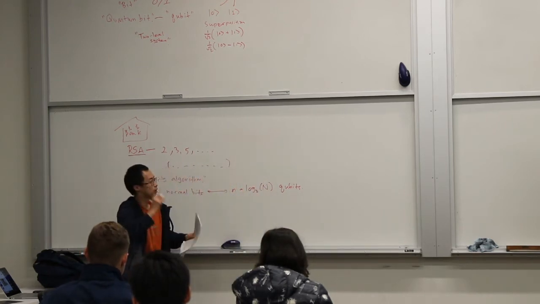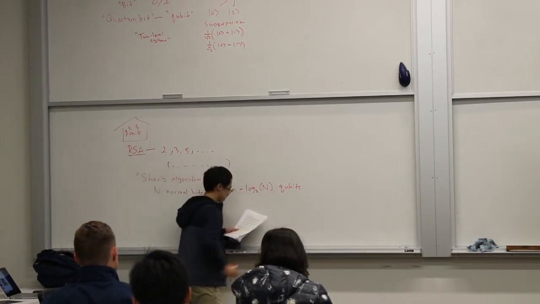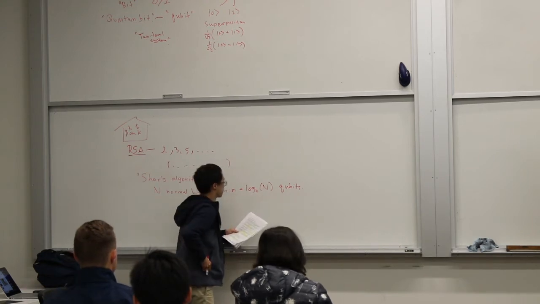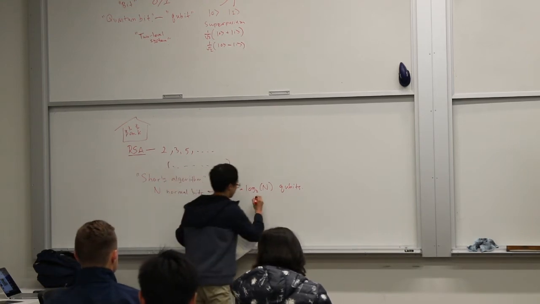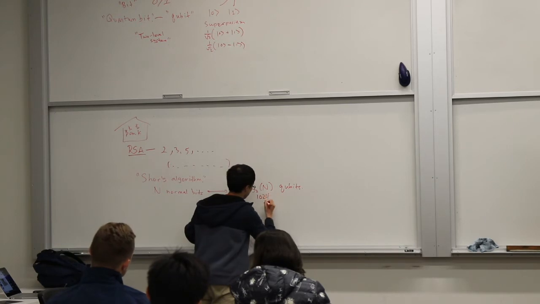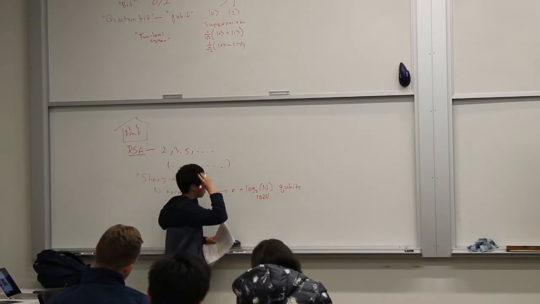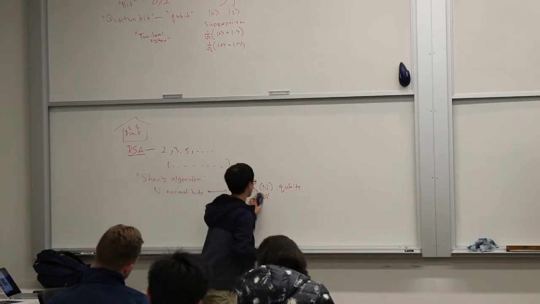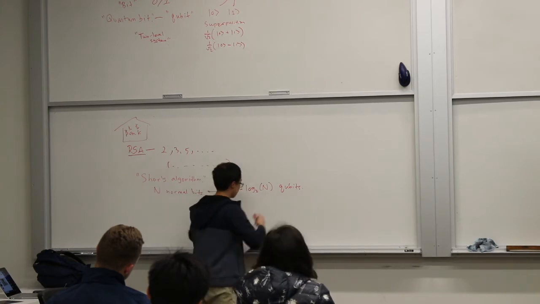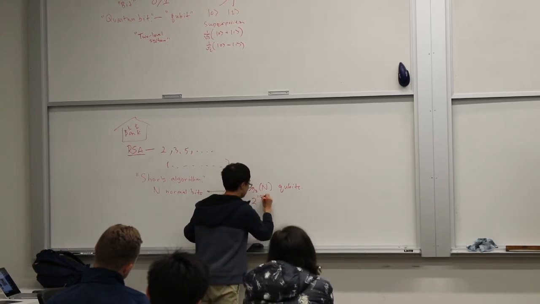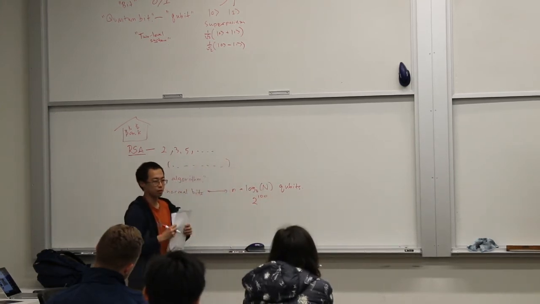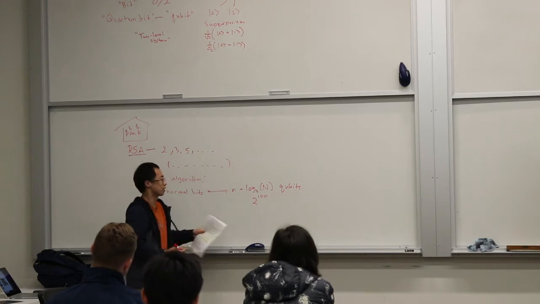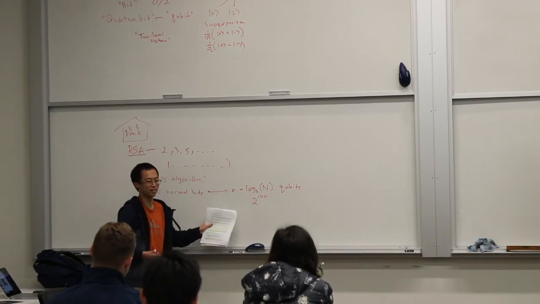Let me think of an example here. Let's put it this way. If I had like 2 to the 100 normal bits, that's a lot. I don't know what that number is, but it's a lot.